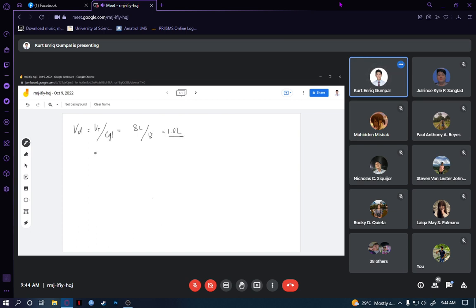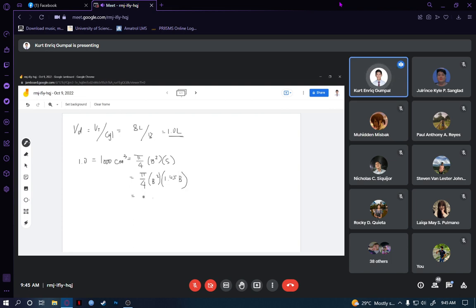Now your 1.0 liters is equivalent to 1,000 cubic centimeters, which is pi over 4 times B squared times your stroke. Substitution: pi over 4 times B squared times 1.45B.